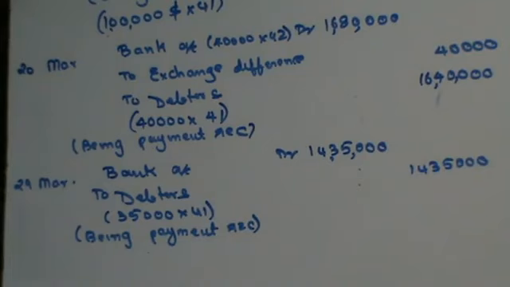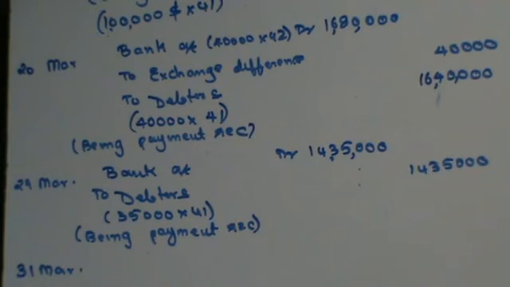Now, the next payment you received on 15th April. Before 15th April, you will have 31st March, the date on which you have to do the rate change entry. When you sold at the rate of 41, on 31st March the rate is 45.